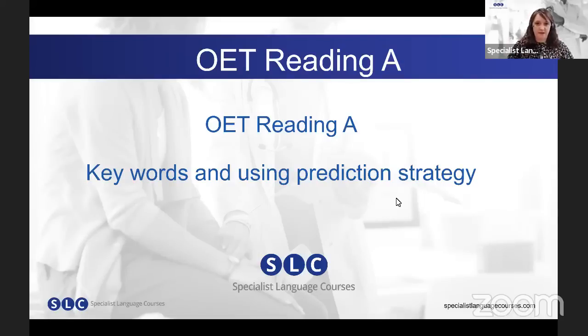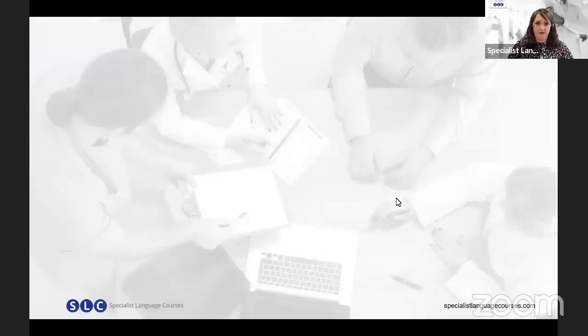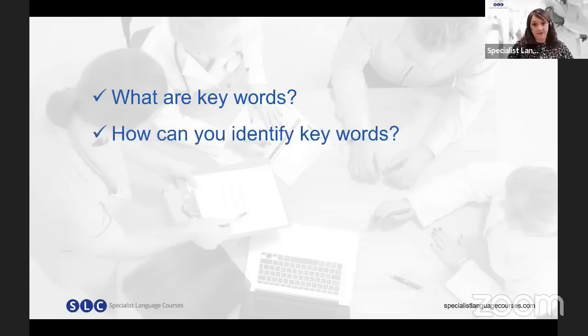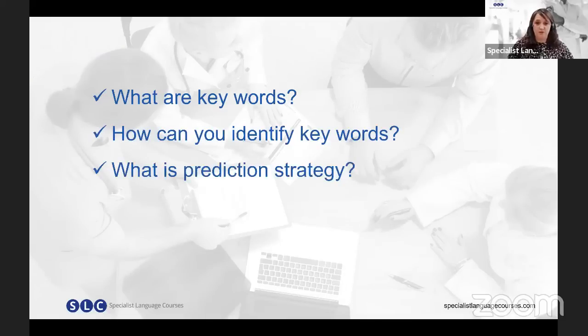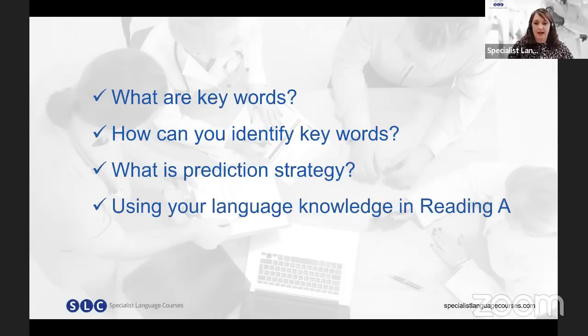Specifically, what we're going to talk about is: what are keywords? How can you identify keywords in the question? We're going to talk about what is prediction strategy, as well as the importance of using your language knowledge in reading A to help you to find the answer to the questions.